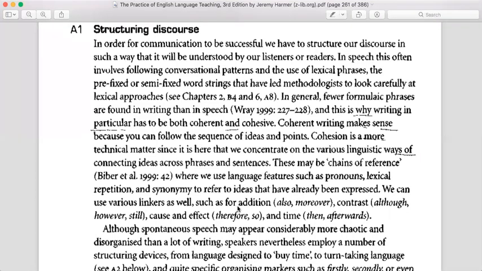When we talk about structuring of discourse, we refer to two aspects. If you have done discourse analysis as a separate course, you should remember there are two things in discourse: one is cohesion, the other is coherence.